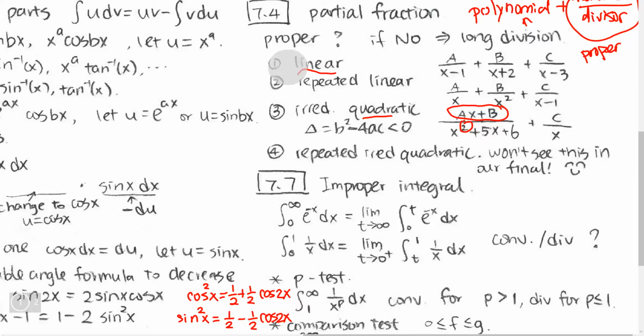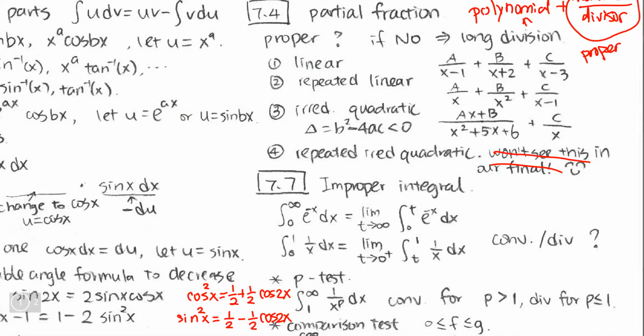Okay, so when we have case 4, the repeated irreducible quadratic, you won't need to integrate this, but when you set it up, you will see it. I'm going to ask you two types of problems.